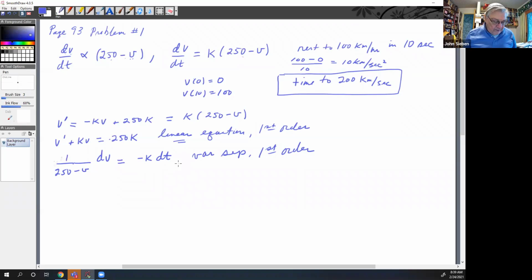Now, I did this earlier and I just used the variable separable. I think day in, day out, that's probably simplest.